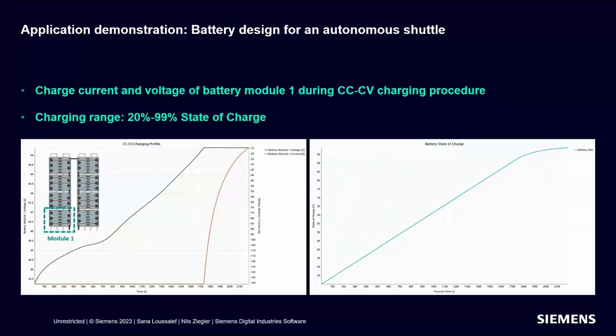On the plot on the left, you see the constant current phase here with 141 amps, and you see where the circuit switches from constant current to constant voltage phase.